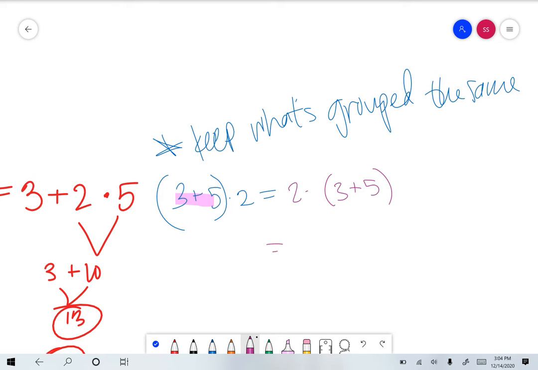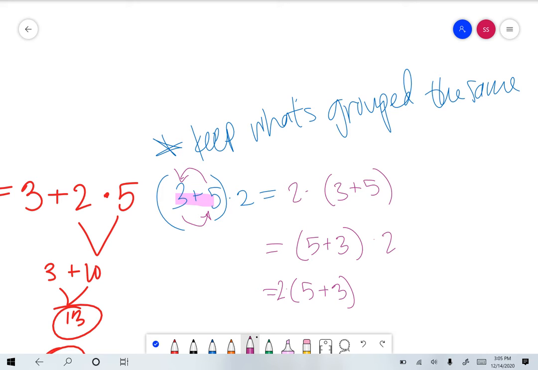You could also change the order of what's inside the parentheses, because it keeps what's in the parentheses, what is grouped, the same. You're just changing the order of that. So instead of 3 plus 5, you could do 5 plus 3 times 2. Or you can combine both of those and do 5 plus 3, and instead of times 2 at the end, you could do times 2 at the beginning.